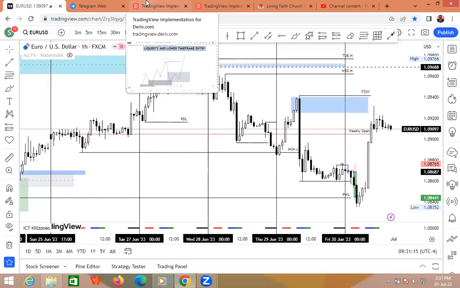I also needed to know the order blocks that have a stronger reliability.